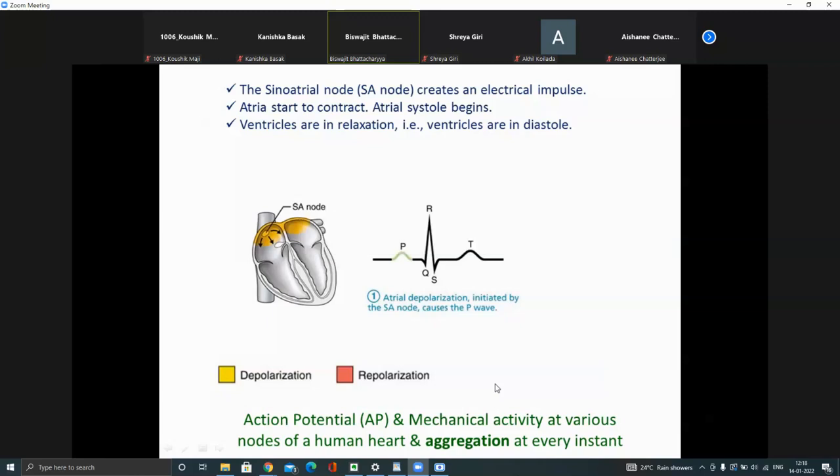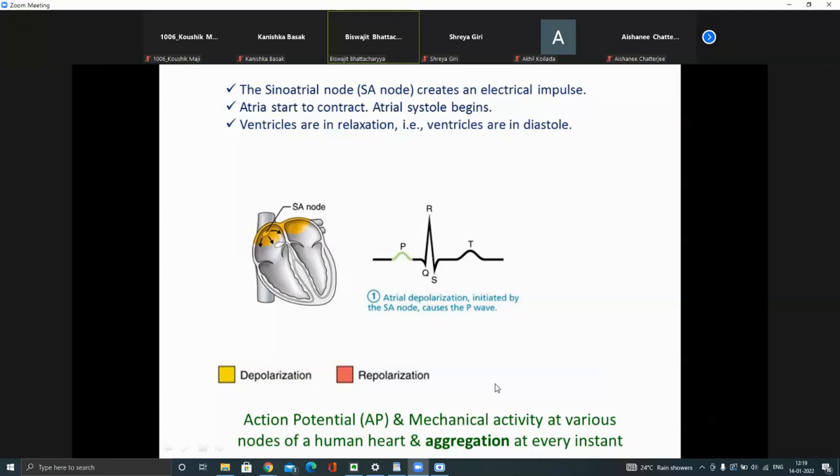Any yellow colored region means this region is depolarized, means the positive voltage comes. And a red colored region means they are polarized or repolarized. So that voltage is negative voltage.